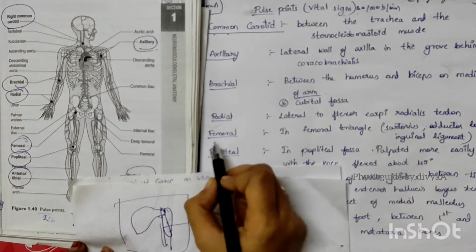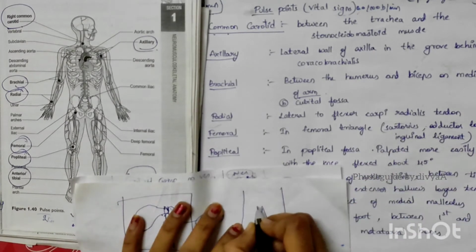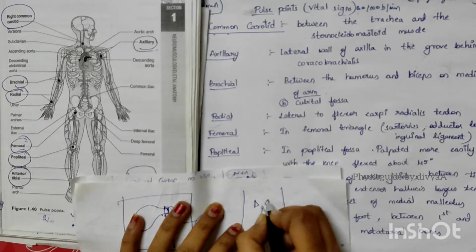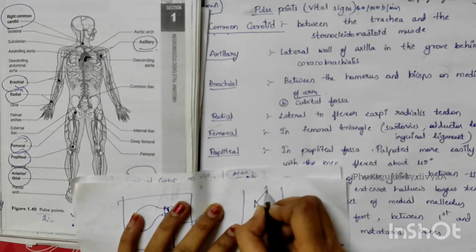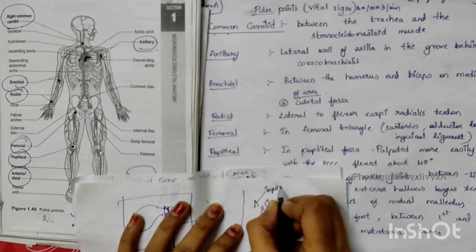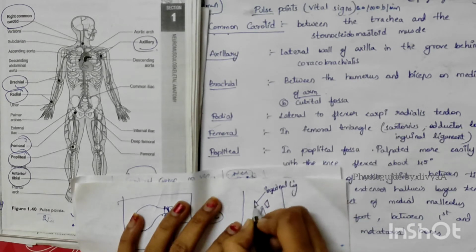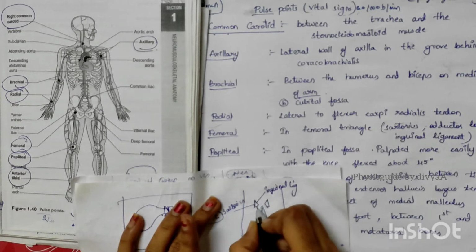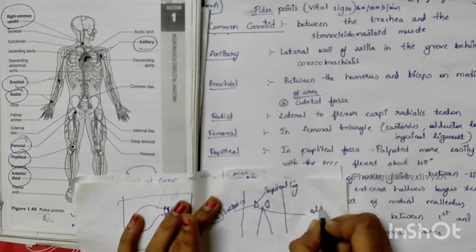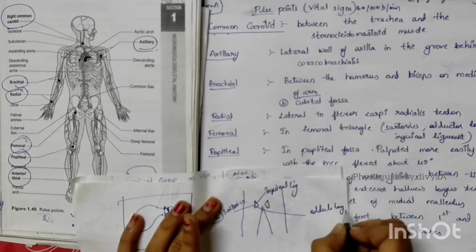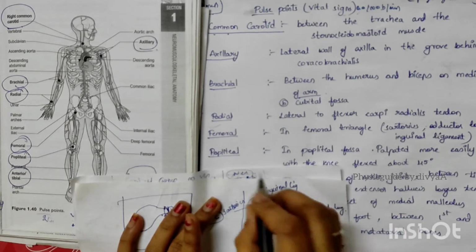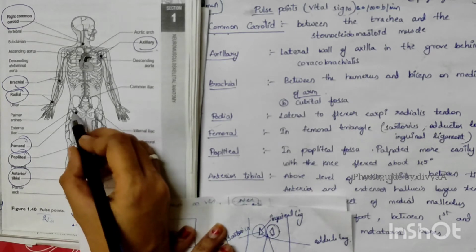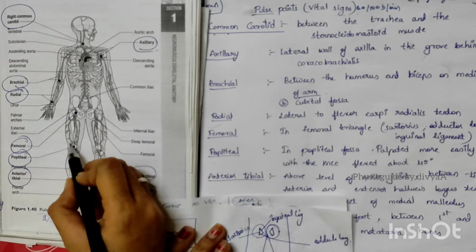Next one, femoral. In femoral triangle, like this. This is inguinal ligament. This is sartorius, and this is adductor longus. In this point also we can feel. Now popliteal, see, this is femoral here, and popliteal.